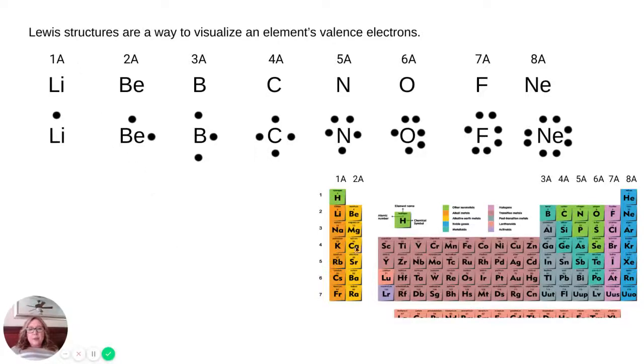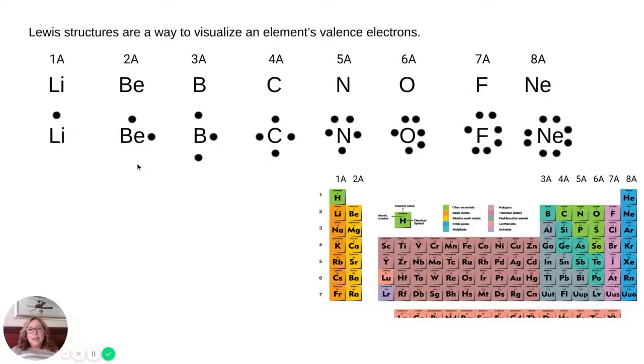Lithium is in this 1A column, which means it has 1 valence electron, which we show with a single dot. When we're talking about Lewis structures, we're only drawing pictures of the valence electrons, not all of the electrons an element has, just the ones in the outermost energy level, because it's those electrons that are going to participate in chemical reactions.